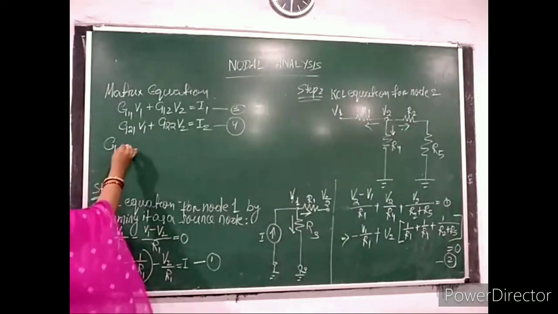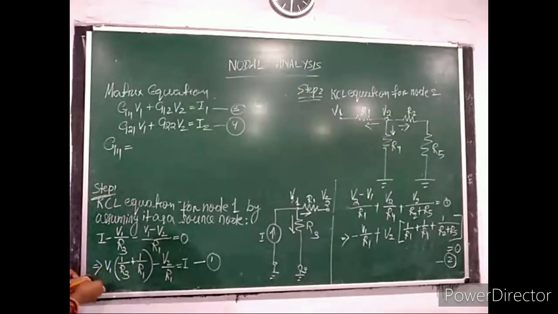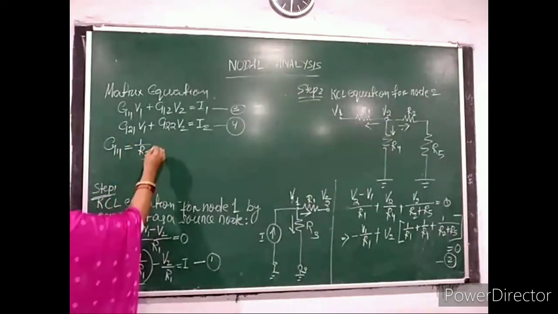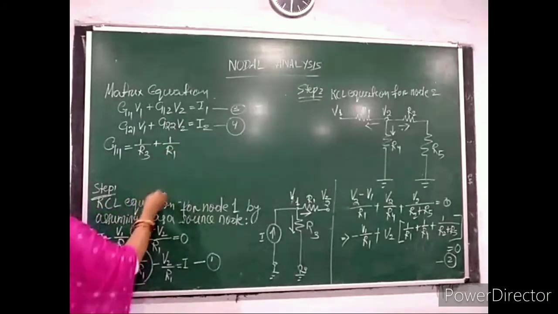Here G11 is equal to 1 by R3 plus 1 by R1.